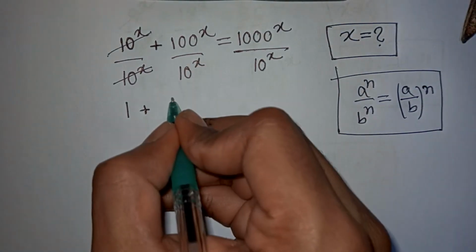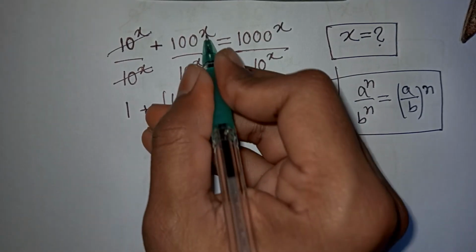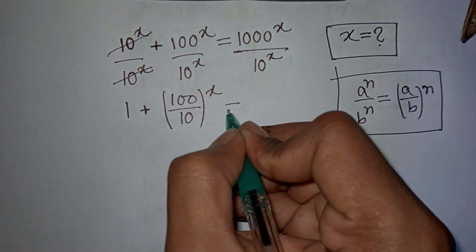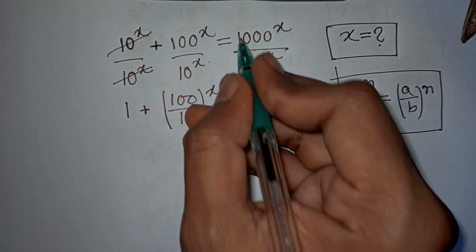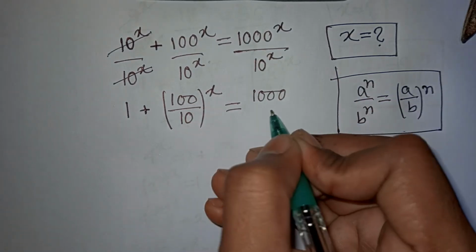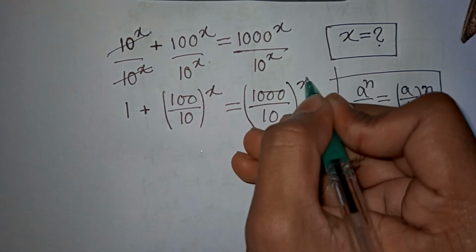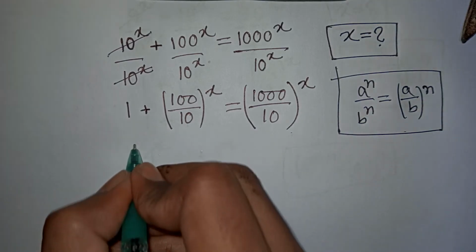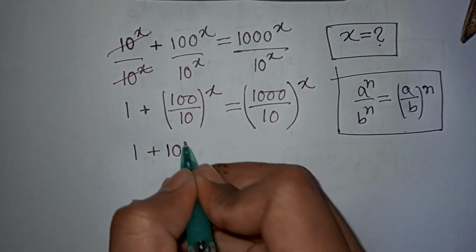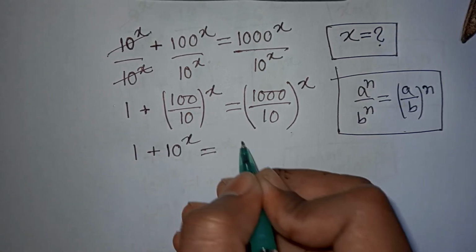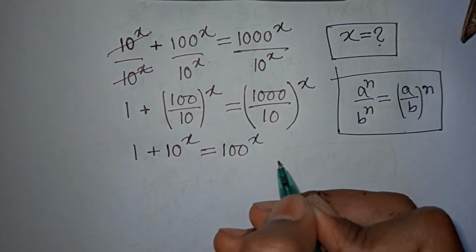According to this formula, it will be (100/10)^x, and (1000/10)^x. Now, 1 plus 100 divided by 10, that means 10^x, is equal to 1000 divided by 10, that means 100^x.